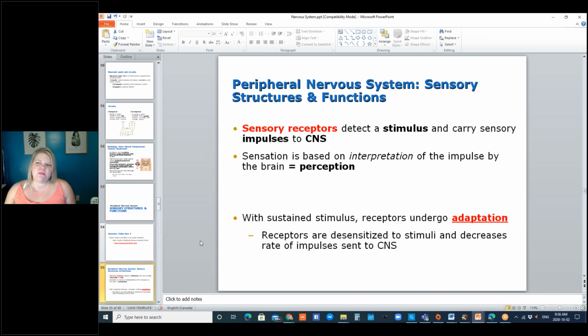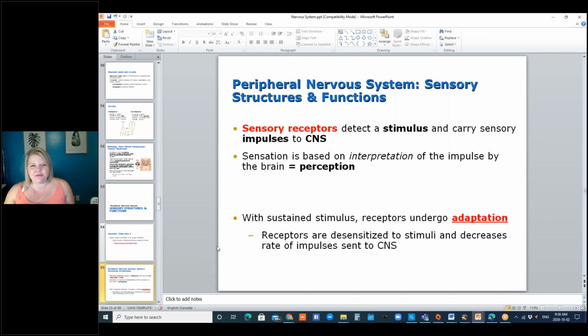This also decreases the rate of the impulses sent to the central nervous system. Receptors that pick up information and relay a response aren't saying, oh, I'm picking up the color red. What they'll do is act in Morse code, like doot, doot, doot. They'll have a rate of impulse, and if something's very stimulating, that rate will increase.